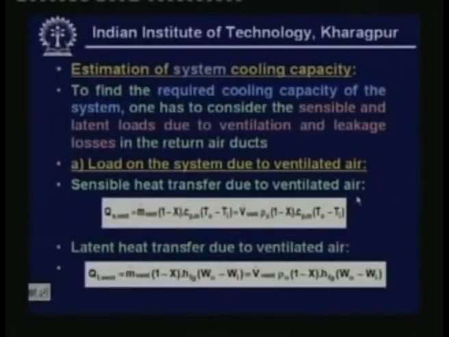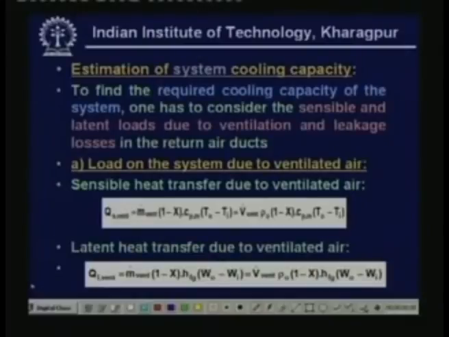So load on the system due to ventilated air is simply given by this expression, which is almost similar to the load due to infiltration. This is the sensible load on the coil due to ventilated air which has flown through the cooling coil. So that is equal to ventilation rate multiplied by this factor, where x is the bypass factor.